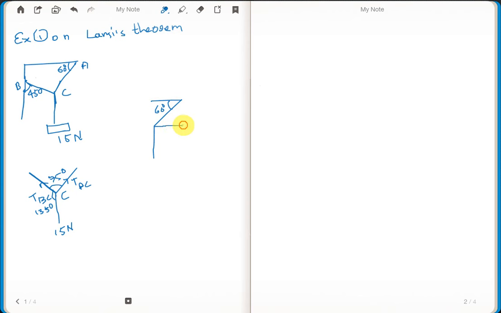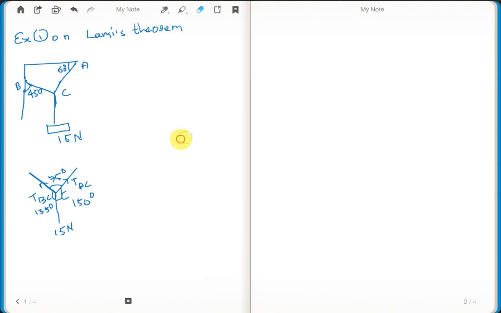Similarly, if you draw the horizontal line here, from the parallel lines theorem we get 60 degrees here also. This is automatically 90. The sum of these two will give you 150 degrees. So this angle of inclination is 150 degrees. Now we have determined all the angles of inclination between the separate strings.